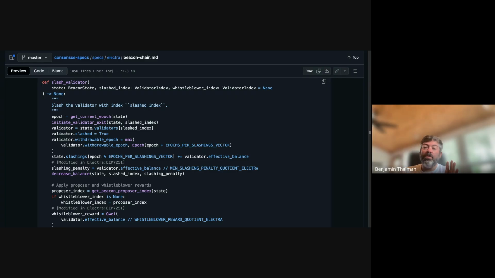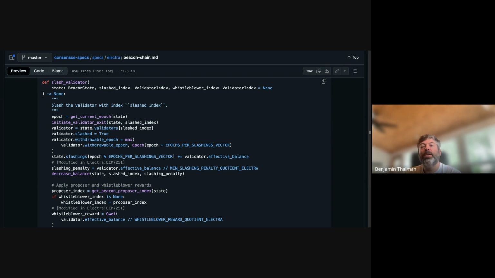So even if you increased your balance such that you have an effective balance of 2,048, the initial slashing penalty is going to be less than what it would have been pre-Pectra with a validator of 32.